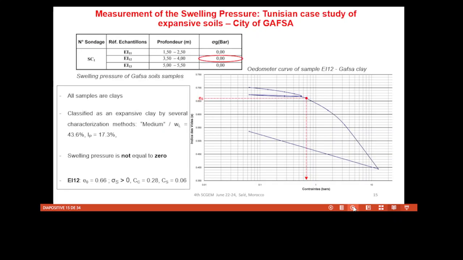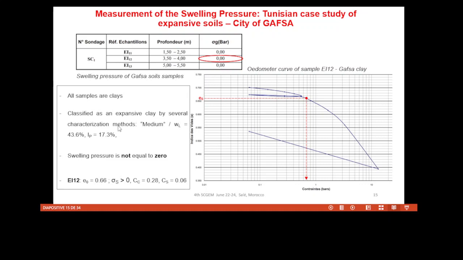We will show some examples to measure the swelling pressure. Here we have a Tunisian case study of an expansive soil from Gafsa city, and in the geotechnical report, as we can see here, we tested 3 intact samples at different depths, and it is written the swelling pressure is 0.